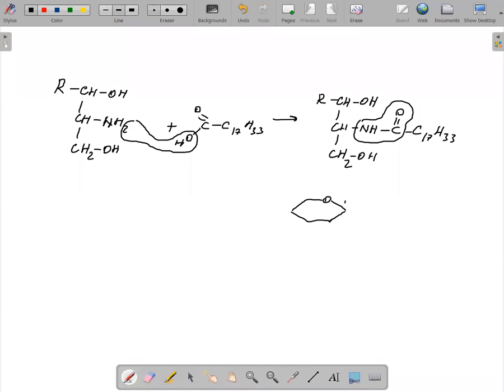If so, it should be in the form of beta-D-pyranose. This is the scheme of formation of such lipids. I'll remove water like this. Look, the residue of my sugar has beta configuration.